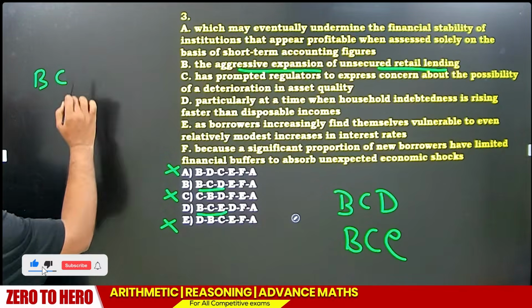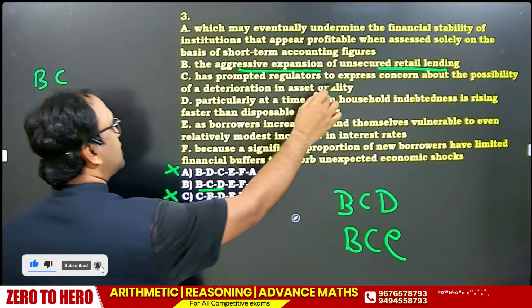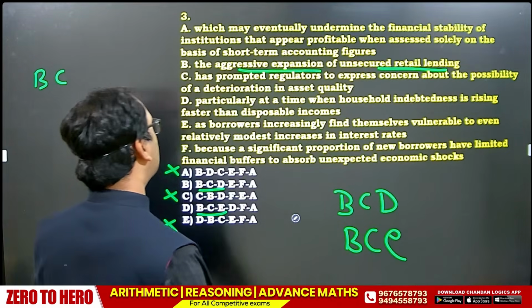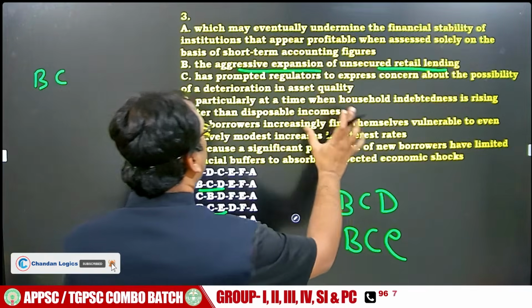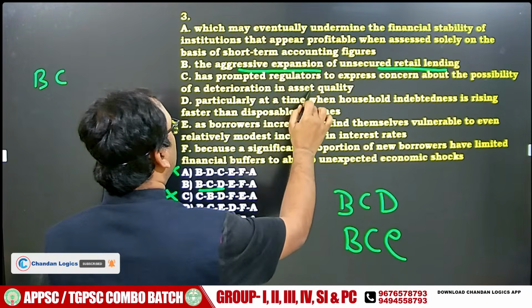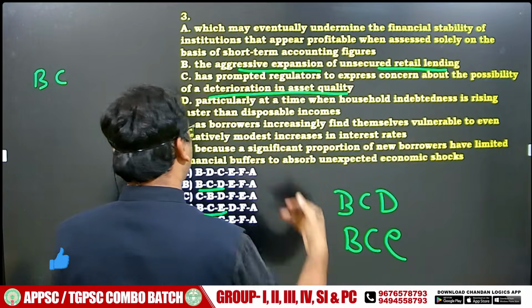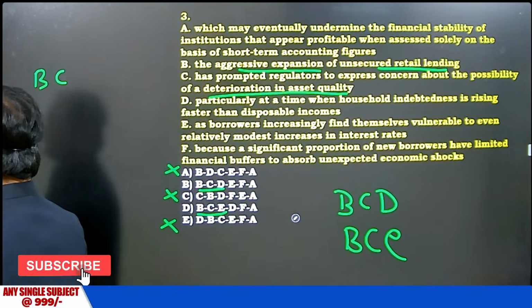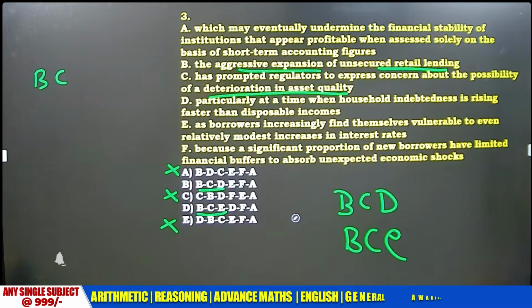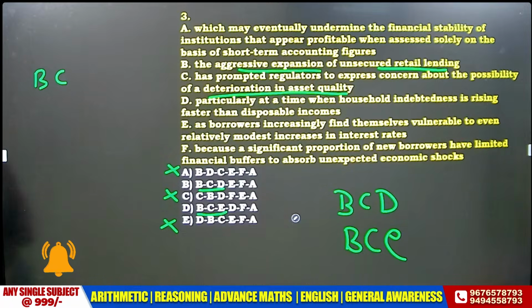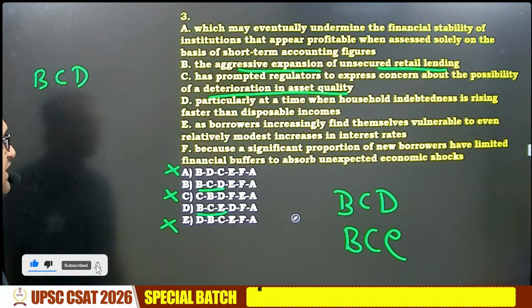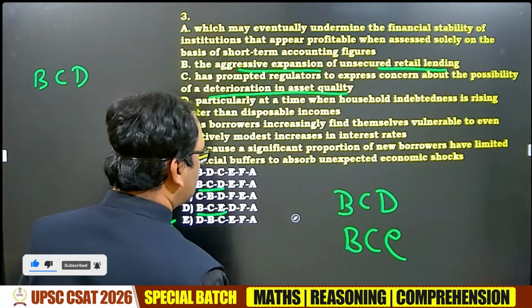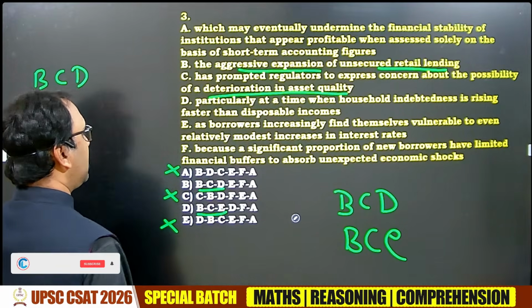So now this problem has prompted regulators to express concerns about the possibility of a deterioration in asset quality. So some people believed that if this is the problem, asset quality will come down. After that, read D. Particularly at a time when household indebtedness is rising faster than income.